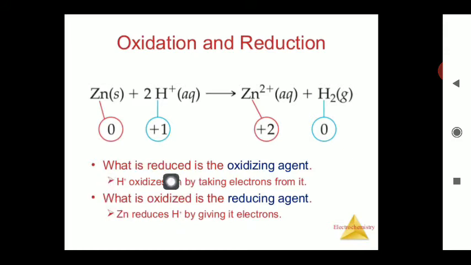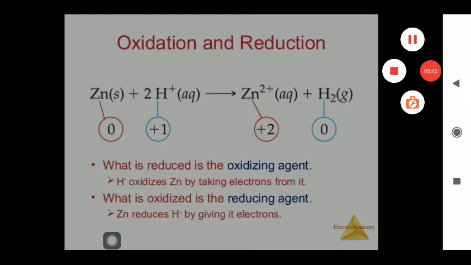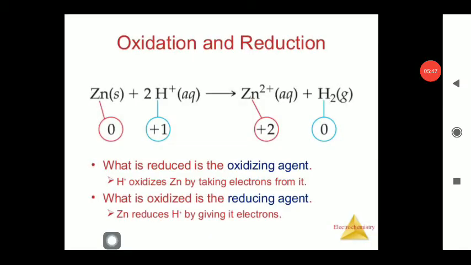So the H+ ion oxidizes zinc by taking electrons from it, so it acts as an oxidizing agent. On the other hand, zinc is said to be oxidized, so it is the reducing agent. In this way you can easily understand the concept of oxidizing as well as reducing agent in a specific chemical reaction.